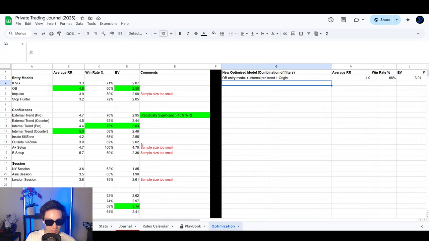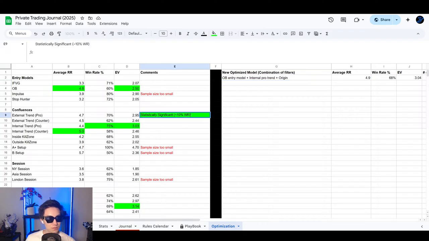So let's say you want to do, say you want to do, again, not going to filter based on session here. We'll filter based on POI, confluences, and entry model.